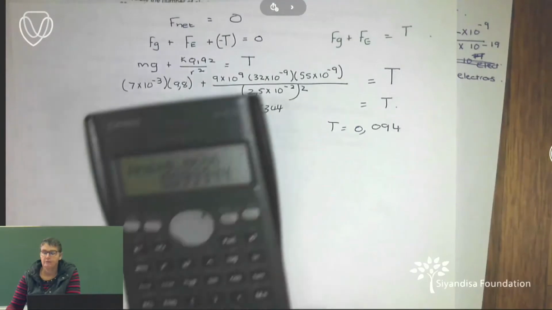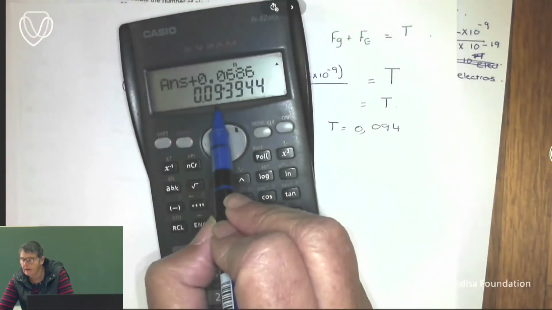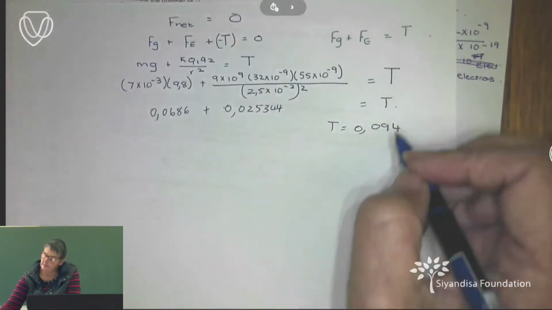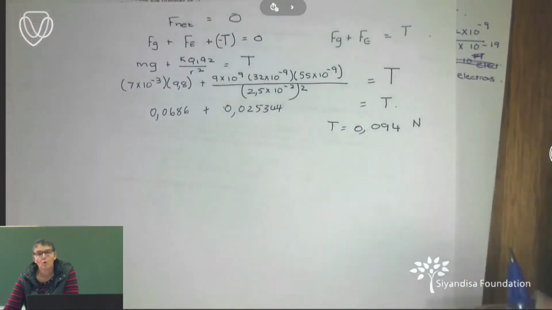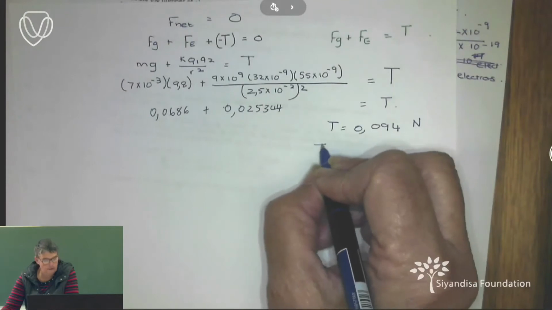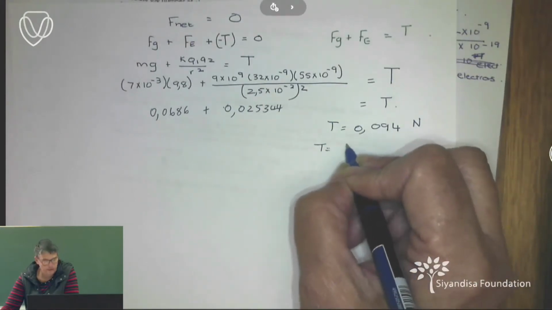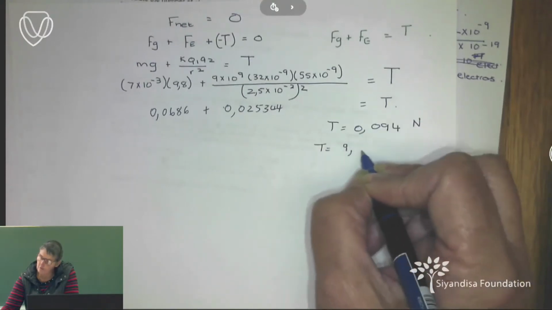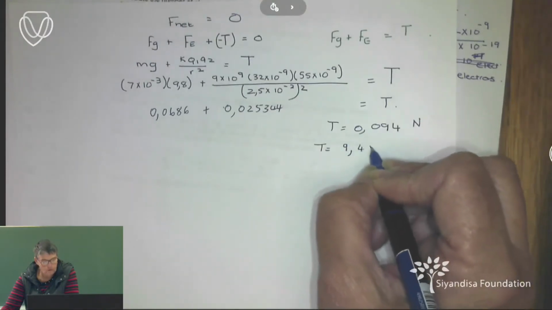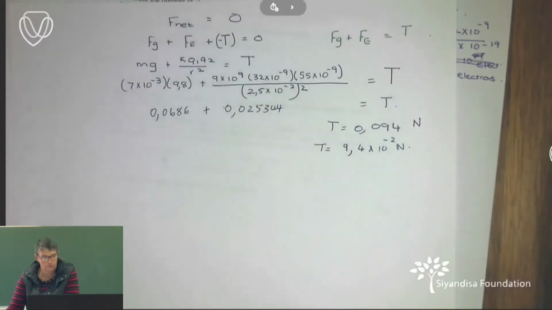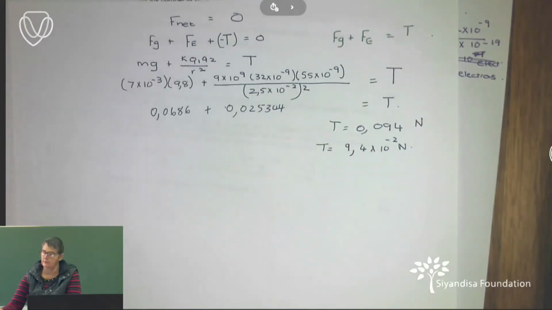All right, have a look here. 9.3. So that's going to give you 9.4. And that is then going to be newtons, or if you want to write it in scientific notation, it's going to give you 9,4 times 10 to the negative 2 newtons. Okay. Right, and that's your question.